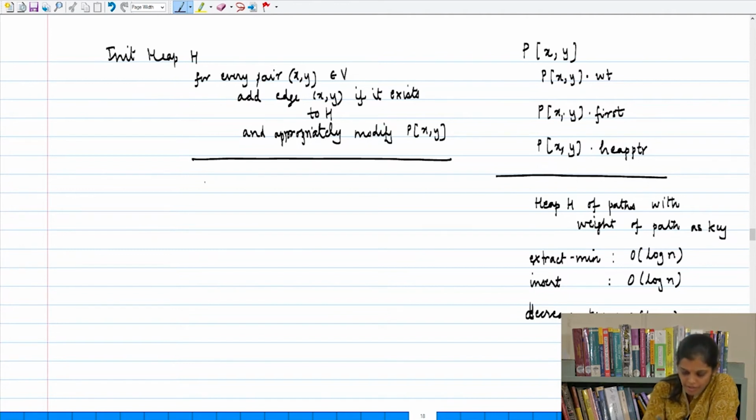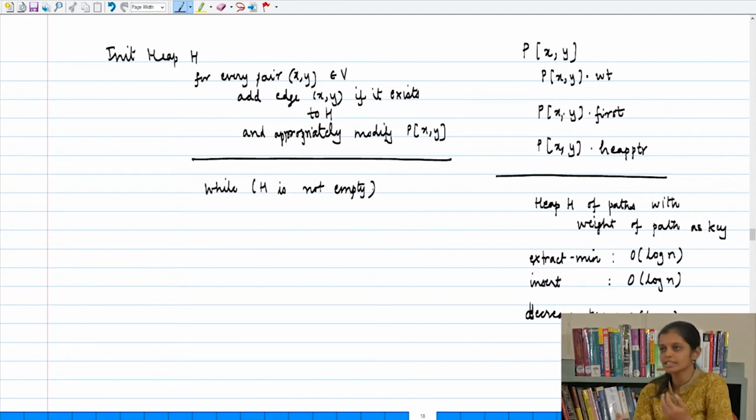Now this is the clever part of the algorithm: while H is not empty. You must have seen this template of algorithms, at least in Dijkstra's algorithm, where repeatedly it extracts paths from the heap and does something. Similarly, we are also going to do the same.